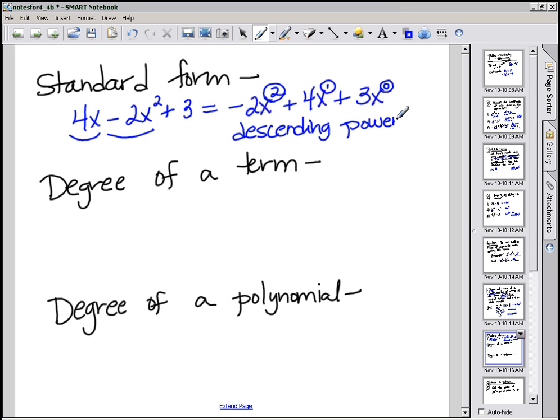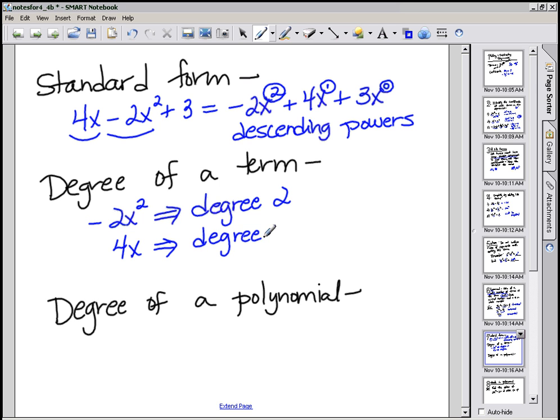Now, the next definition, the degree of a term. If I look at the term negative 2x squared, I say it has degree 2. If I look at the term 4x, I say it has degree 1. If I look at the term 3, we say that it has degree 0.